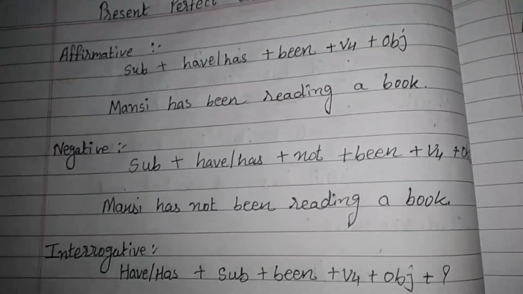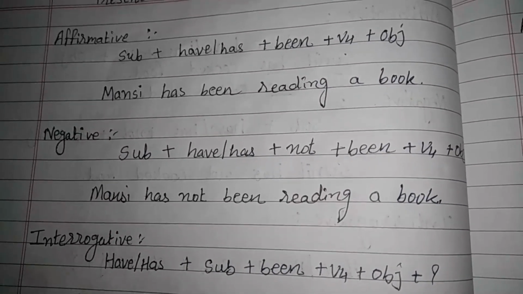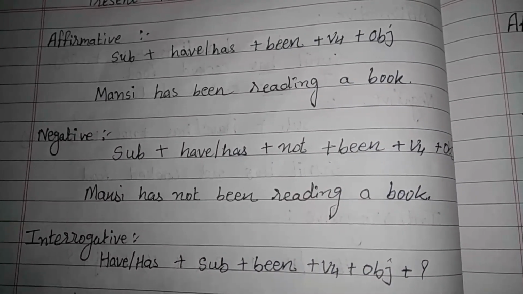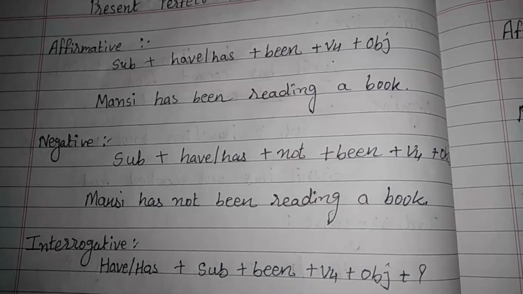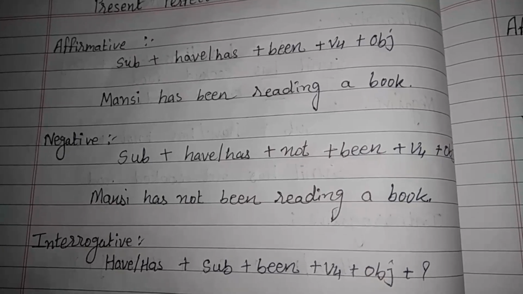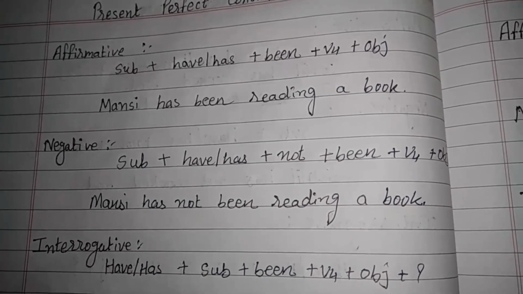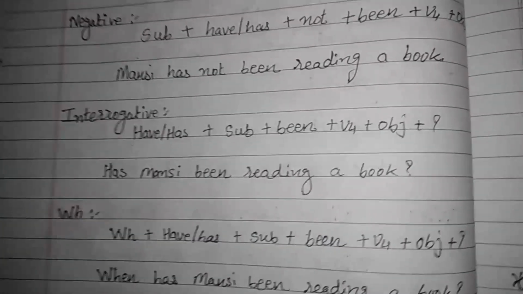Now to make negative sentence, the format is subject plus have, has plus not plus been plus V4 plus object. Mansi has not been reading a book. Now interrogative sentence.